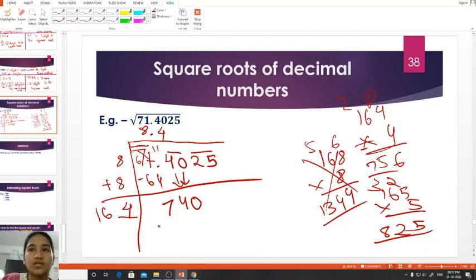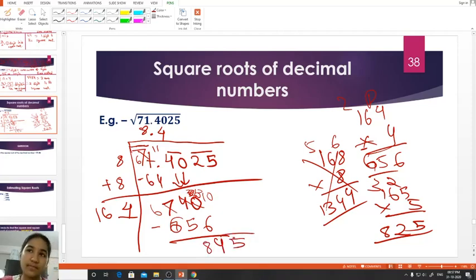Okay, so minus 756, what is its result? 656, 76, 6, 13, 8, 4, 5.